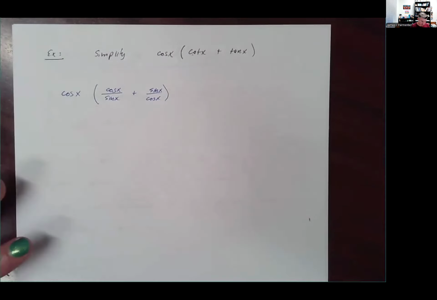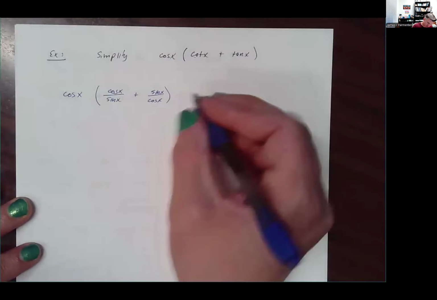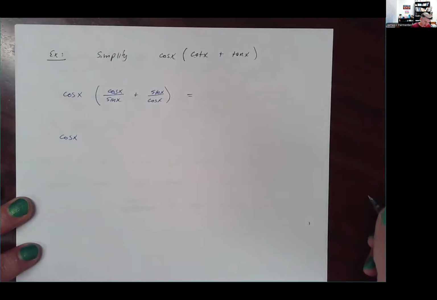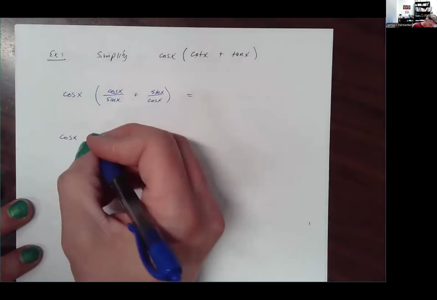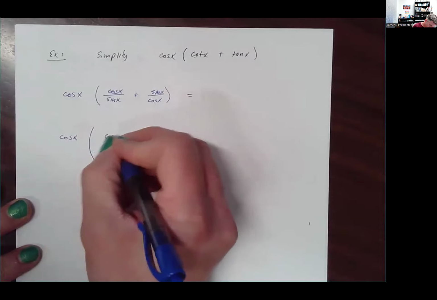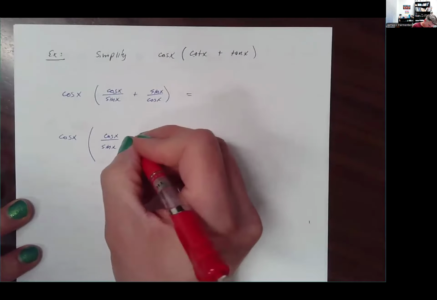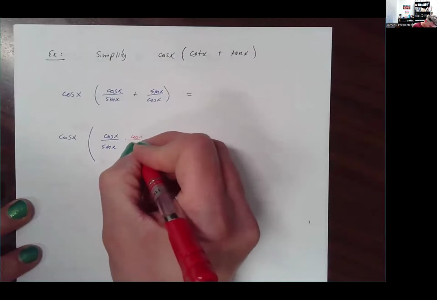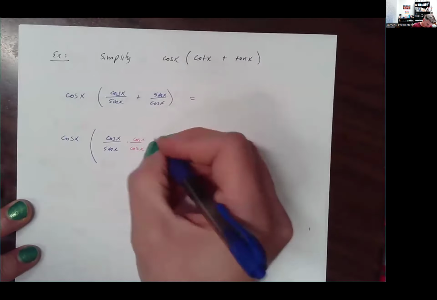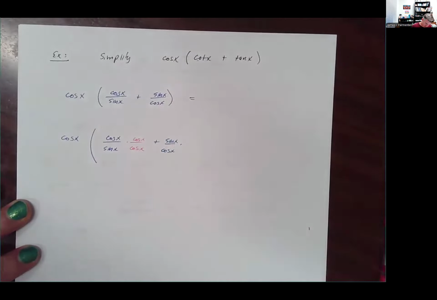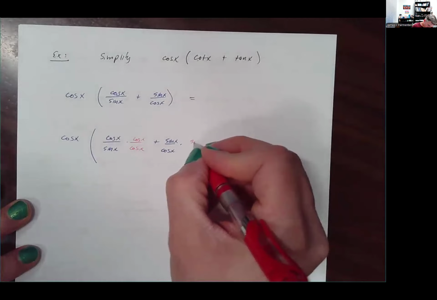I am going to get a common denominator inside here. Thinking about how you could distribute it, but no, let's do it this way. So I'm going to write this as cosine of x over sine of x times cosine x over cosine x. And similarly, this is going to be sine x over cosine x times sine x over sine x.